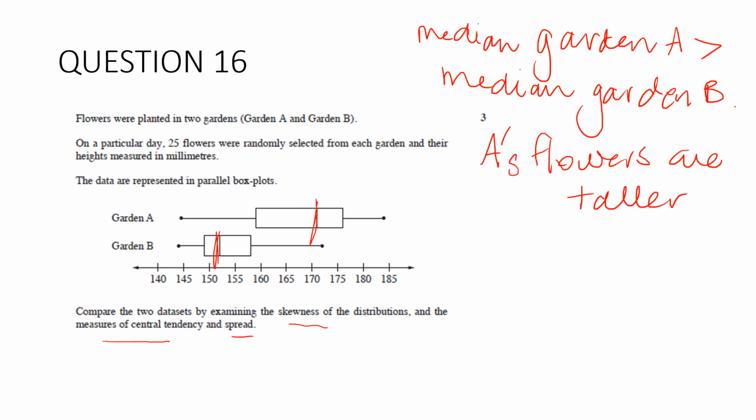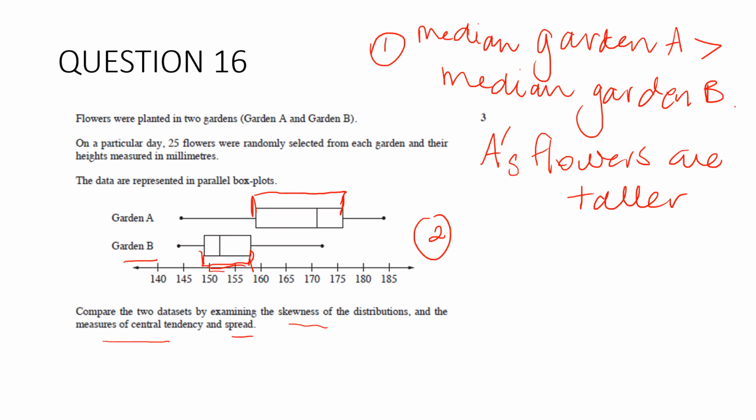Okay, so there's one. Two, let's talk about spread. Now, probably the interquartile range is best here, so that's this distance here. And we can see that the heights of Garden B's flowers are more consistent. They're less spread than Garden A's.